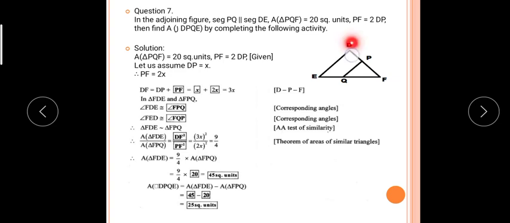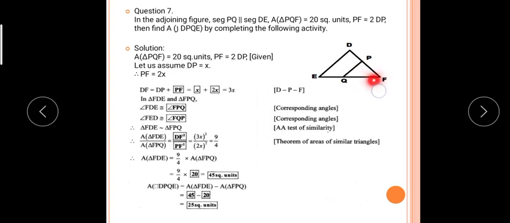Similarly, angle DEF and angle PQF are also corresponding angles when these two lines are parallel. These two lines are parallel, it is given in the question. Understood? And therefore triangle FPQ and triangle FDE are similar by the AA test of similarity.